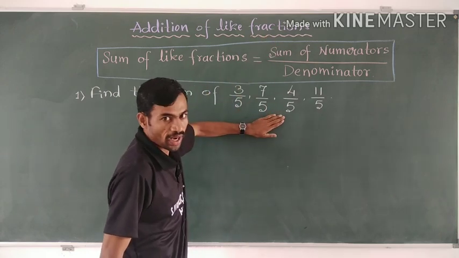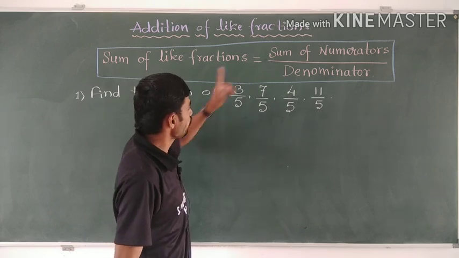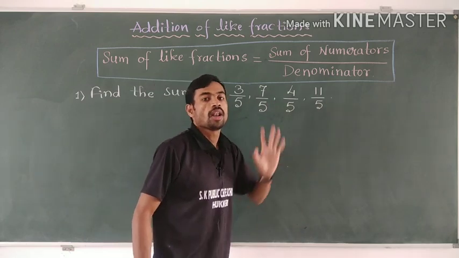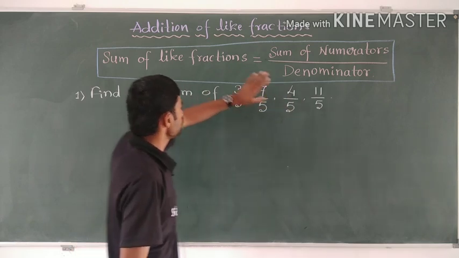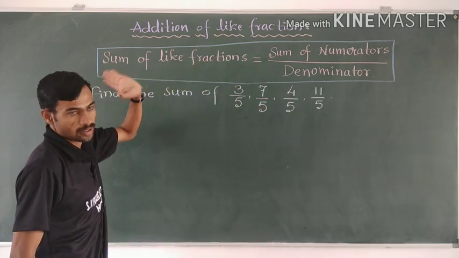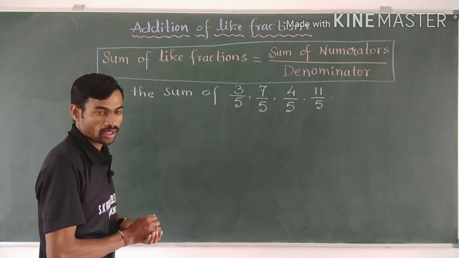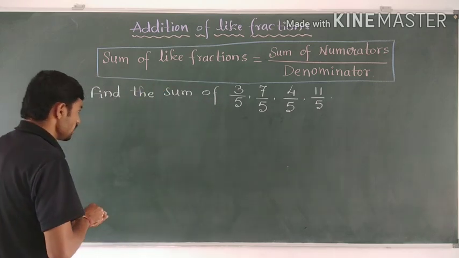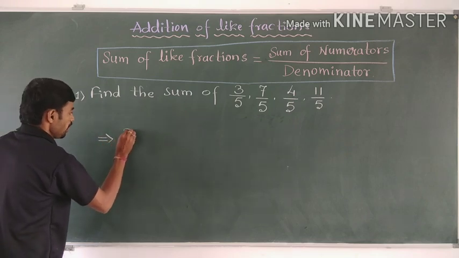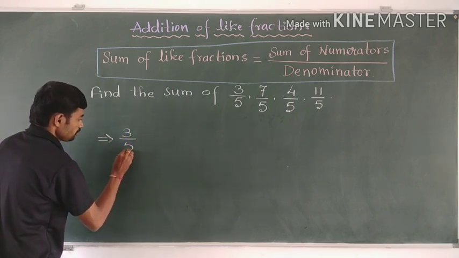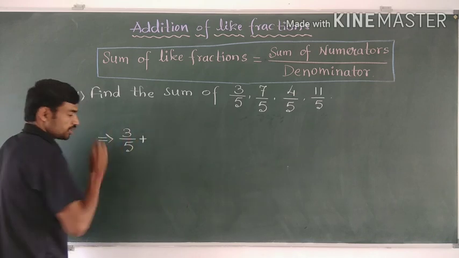Now, how do we find the sum of these 4 like fractions? We have to follow this formula. First fraction is 3 by 5.